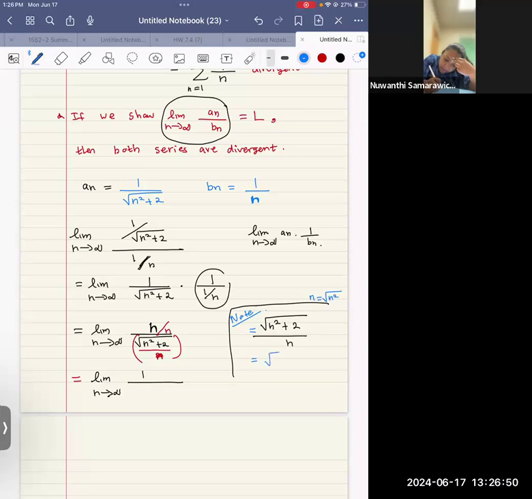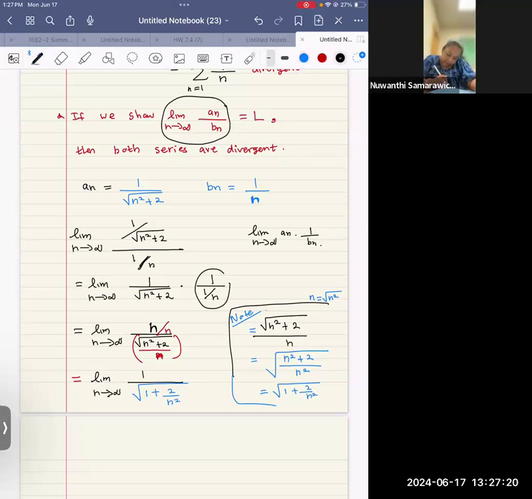So we can write this as n squared plus 2 over n squared. It's the same thing. Then when we divide both by n squared, you will get 1 plus 2 over n squared.